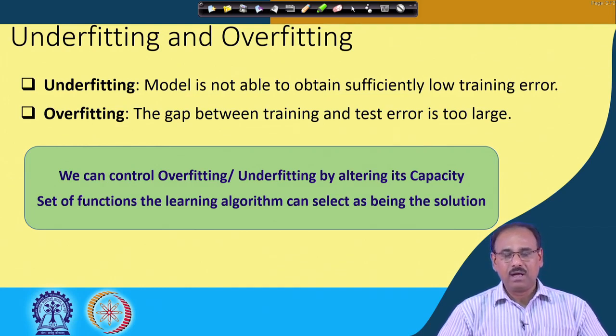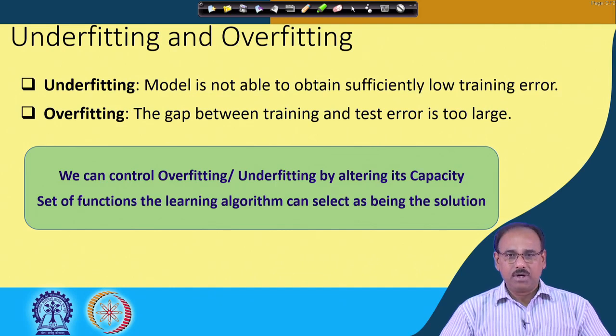Instead of a hyperplane, if I pass a curve or a curved surface, then a curved surface may be able to separate those two sets of data belonging to two different classes. So, that is what is known as the set of functions. Always the linear function may not be sufficient.